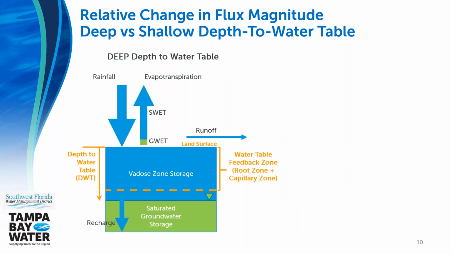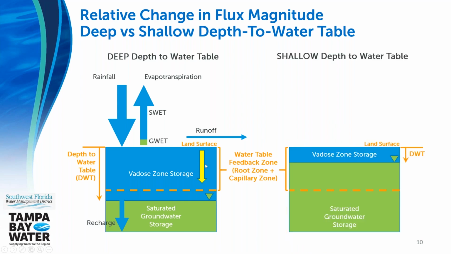So we take a look at rainfall and how it's partitioned for this deep water table case. The size of the arrows represent the magnitude of the fluxes. We see that evapotranspiration is the largest, followed by recharge and runoff for this deep water table case. Groundwater ET is small or non-existent for deep water table. To contrast that, first of all, for this deep water table case, all of the fluxes are vertical through the vadose zone.